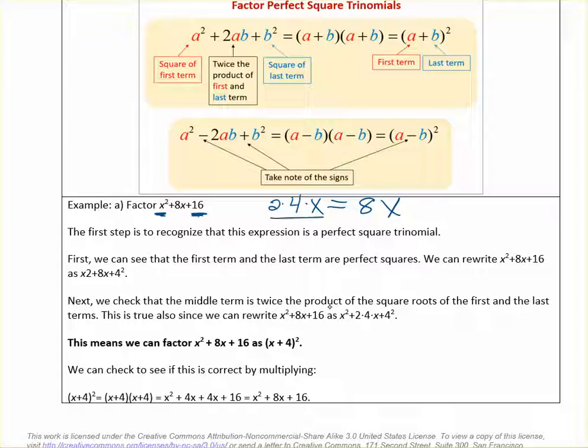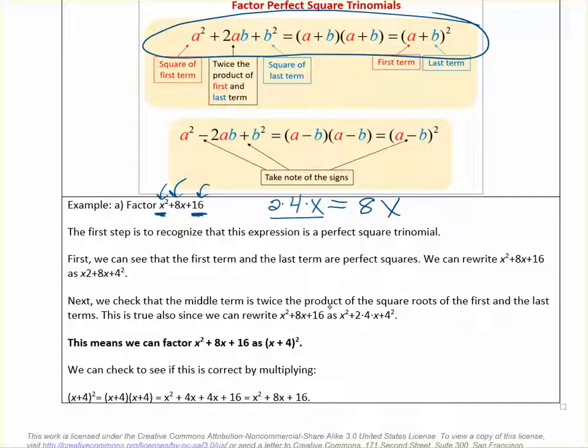So the middle term is the trickier one. It's what is the square root of this times the square root of this times 2 has to equal that. If you can see that, oh yeah, this is a perfect square trinomial, then you can use the formula to quickly factor this.